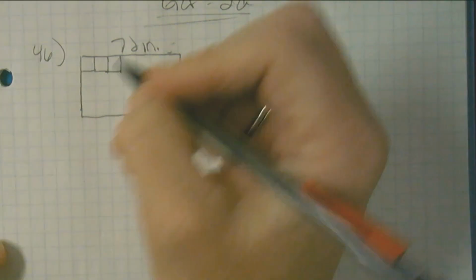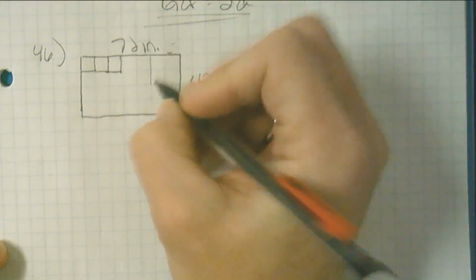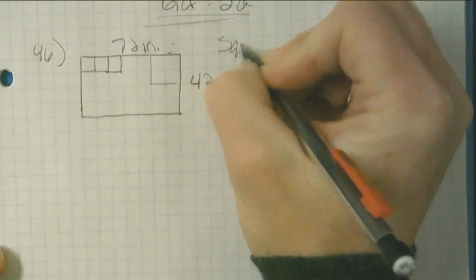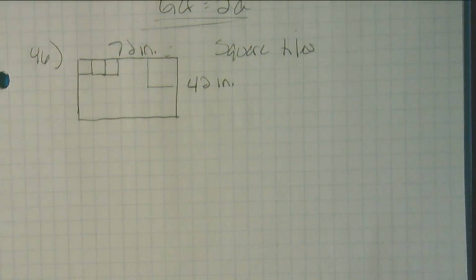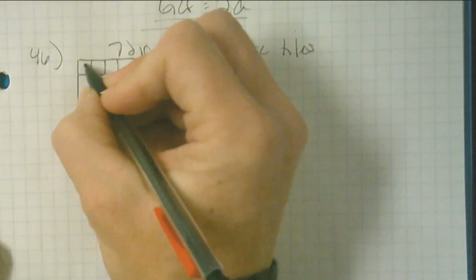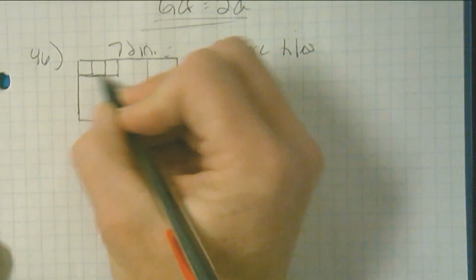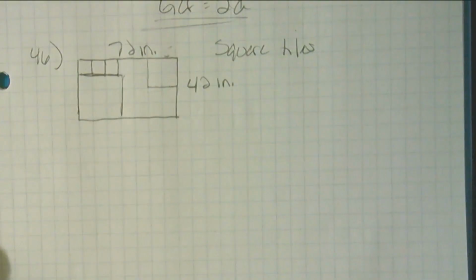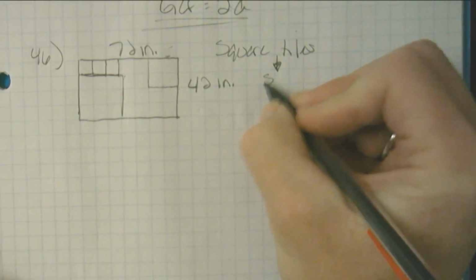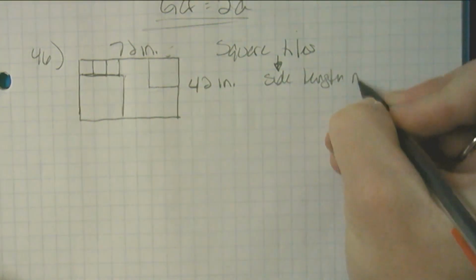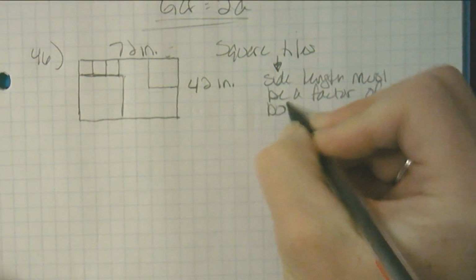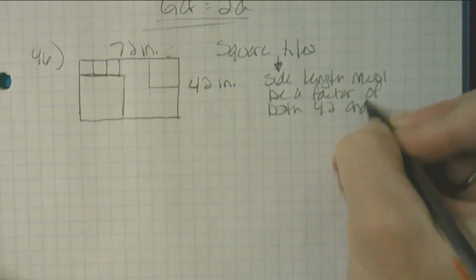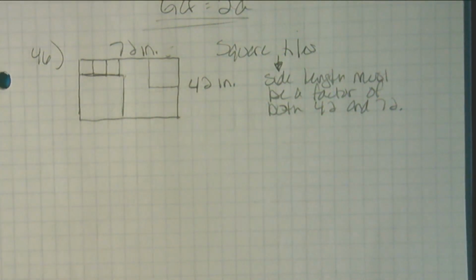All right, so our greatest side length, since these are square tiles, if these are rectangular tiles, we could not do this. Since they're square tiles, we have small tiles, we have big tiles, we can do an even bigger tile, so we have different options of tiles. But what has to be the case is that the side length must be a factor of both 42 and 72 because they are square tiles.